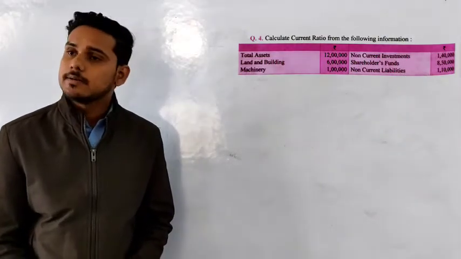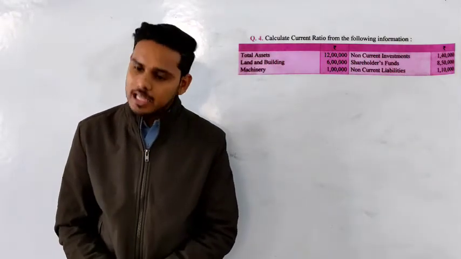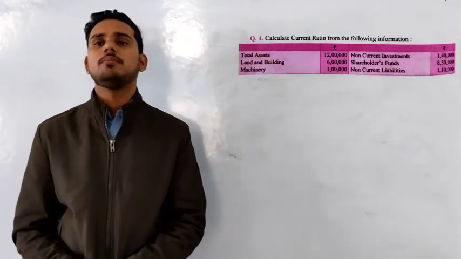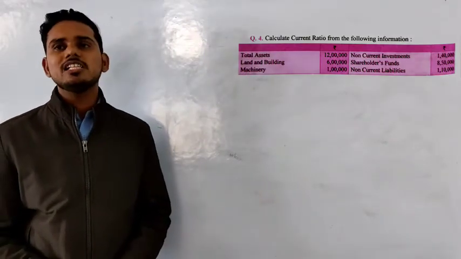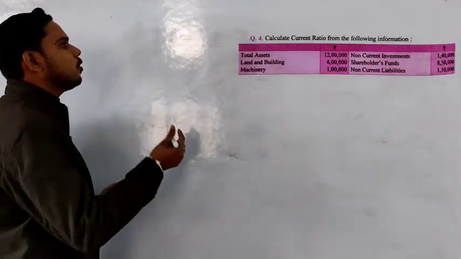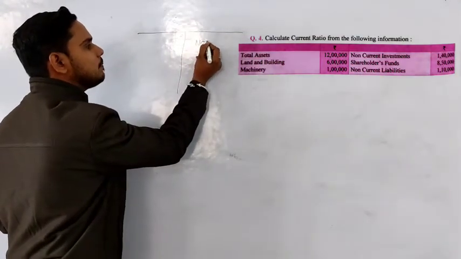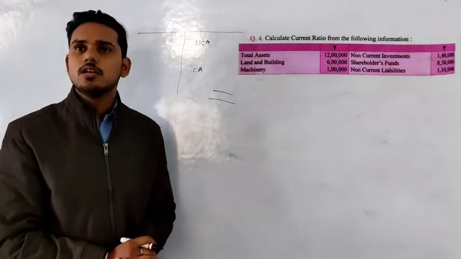In this question, we are given total asset, then land and building, then machinery, then non-current investment, then shareholder fund, and then non-current liability. Now what can we do? Here we have non-current asset plus current asset, which in total is total asset, right?